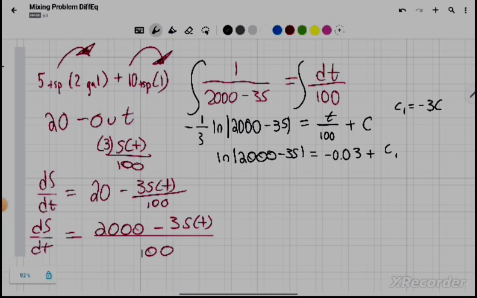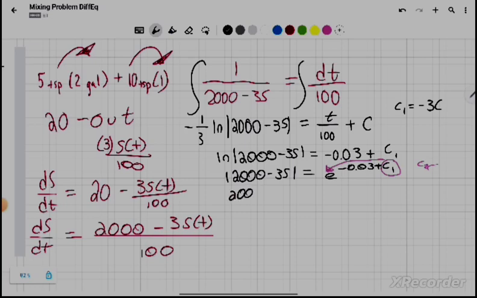Next, we need to exponentiate both sides. Okay, now we can bring this C up to the front. And we can go ahead and get rid of these absolute value bars.